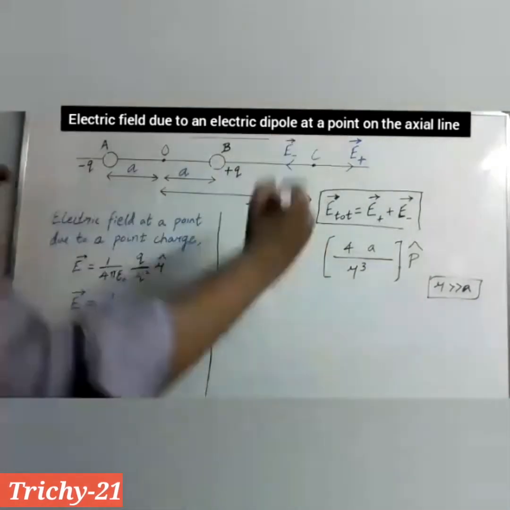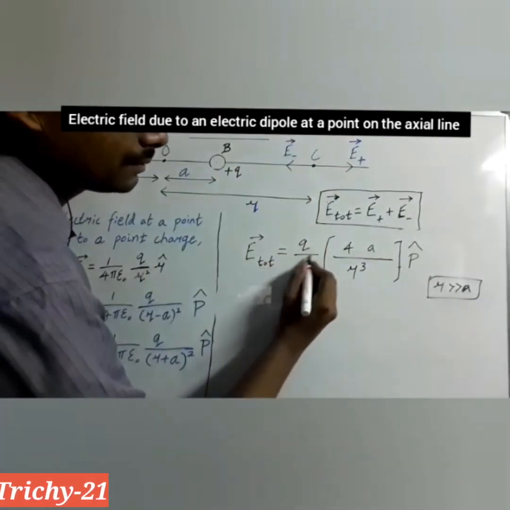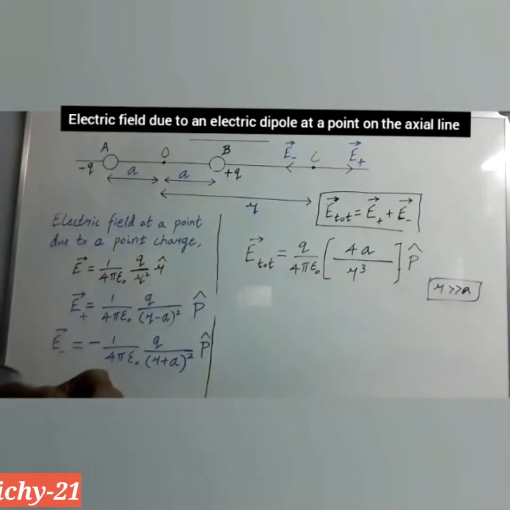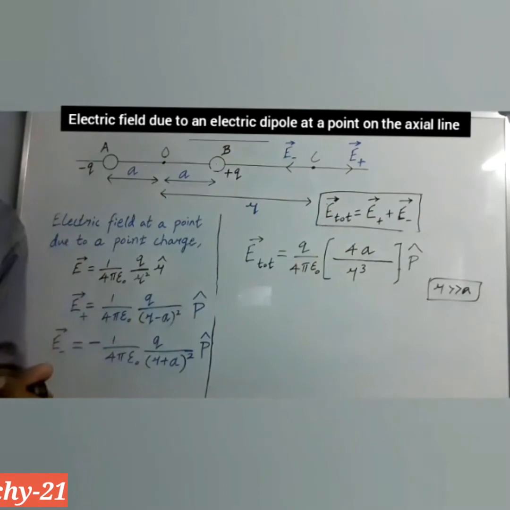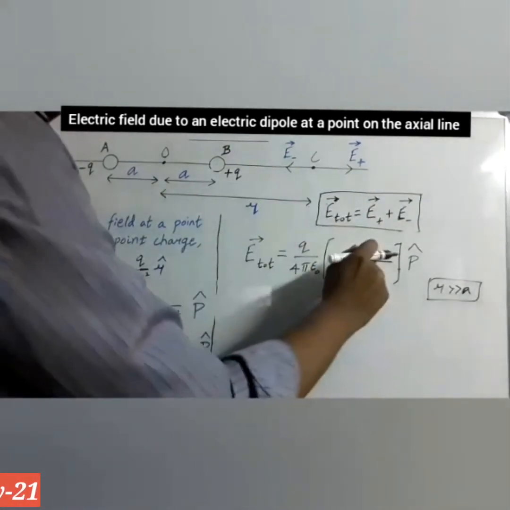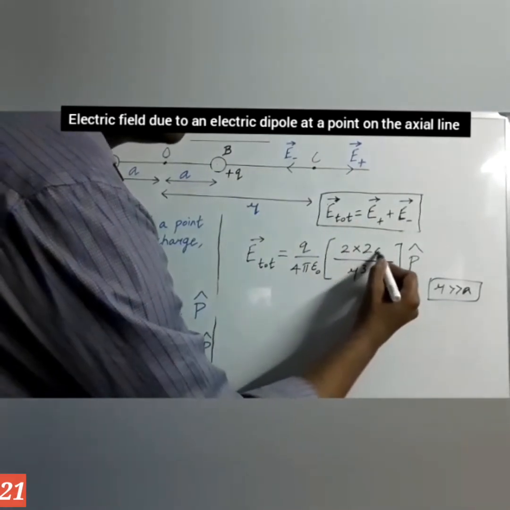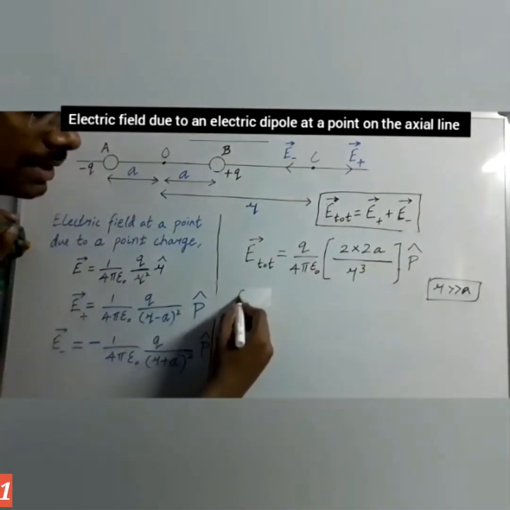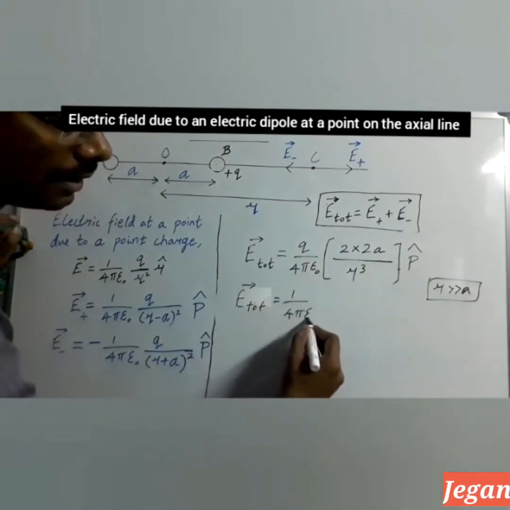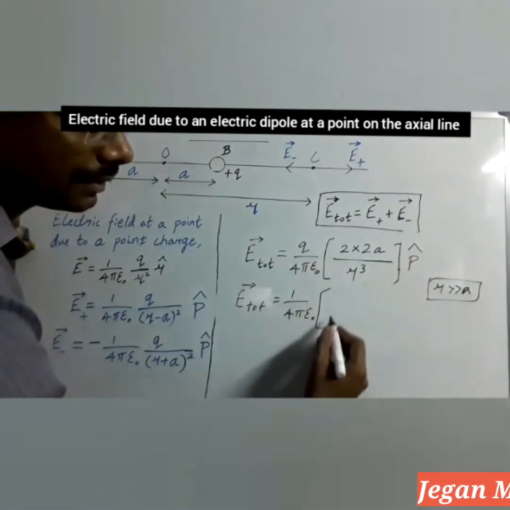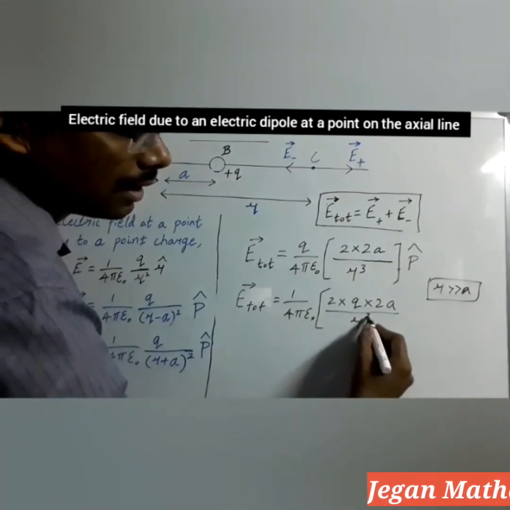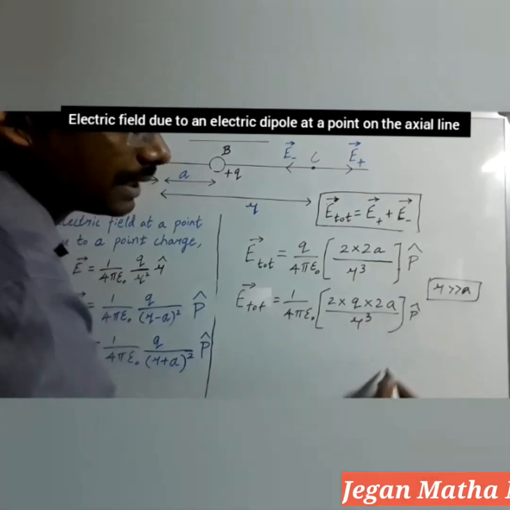So what is the value of that k? K is a constant value, q by 4 pi epsilon naught. Here in the numerator we have 4a, that can be written as 2 into 2a. I am going to modify the equation. Total electric field is equal to 1 by 4 pi epsilon naught, q can be taken inside, so 2 into q into 2a divided by r cube into p cap.